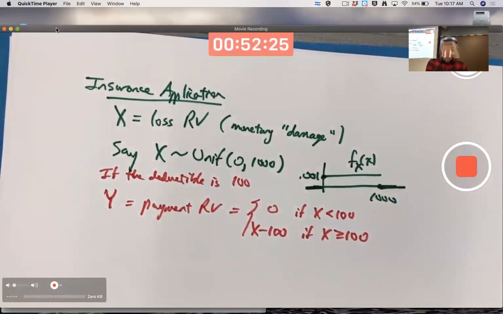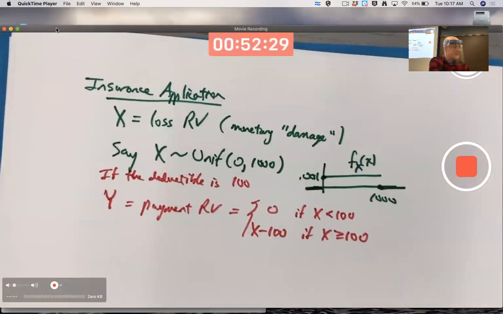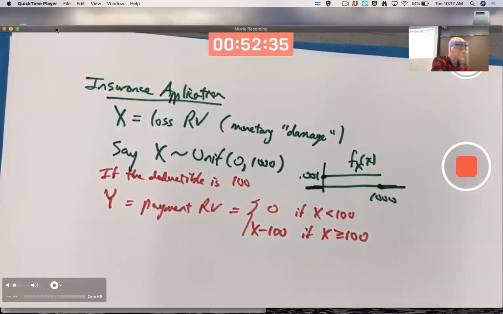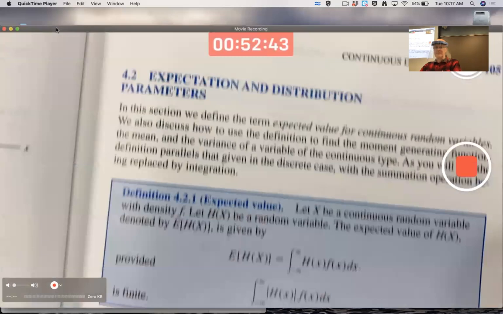To be consistent with our textbook notation, in chapter 4, when they define things like expectations, general expectations, I'm thinking of page 105, this thing right here.